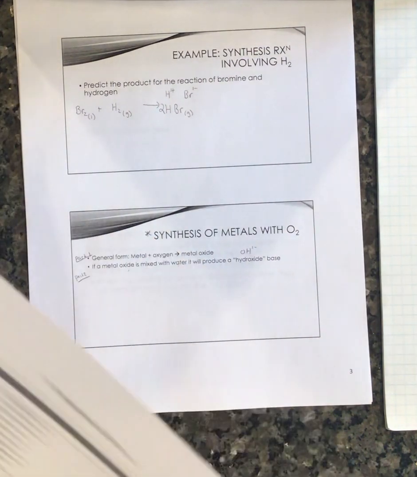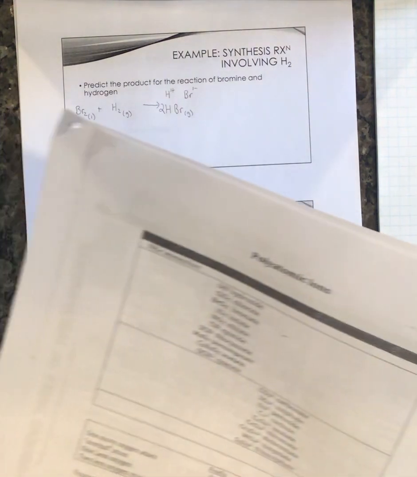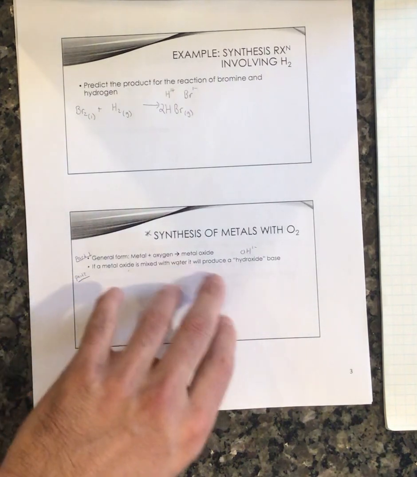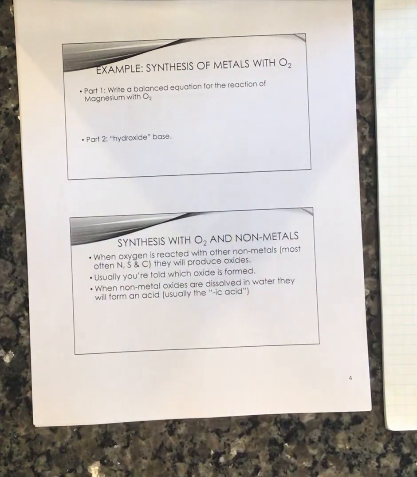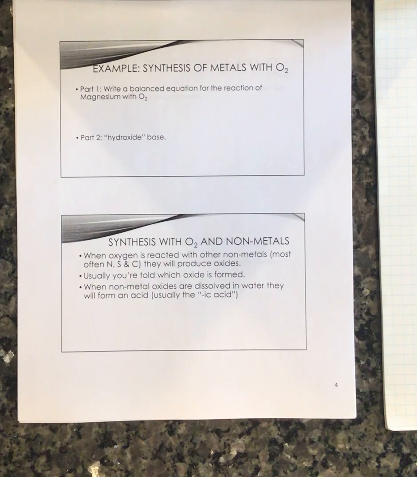Once again, I always find that the best way of learning something, especially something new, is by doing examples. So let's flip this over to the next page, and we're going to work our way through one of our examples. It says write a balanced equation for the reaction of magnesium with oxygen.